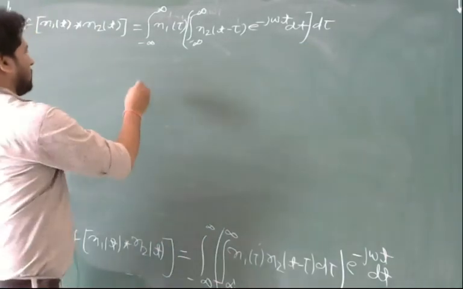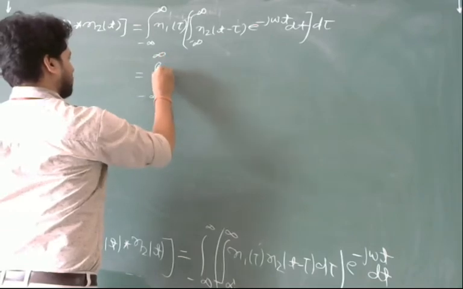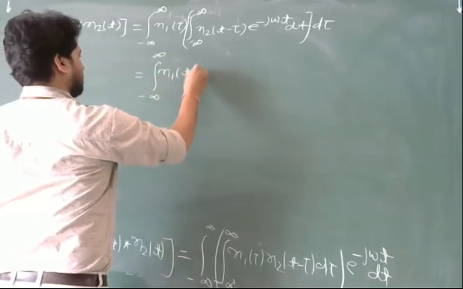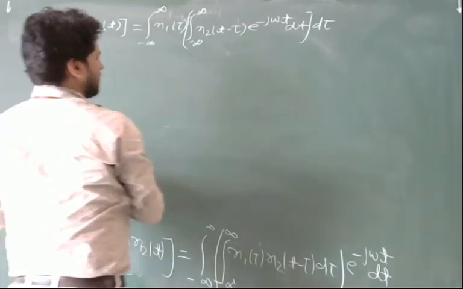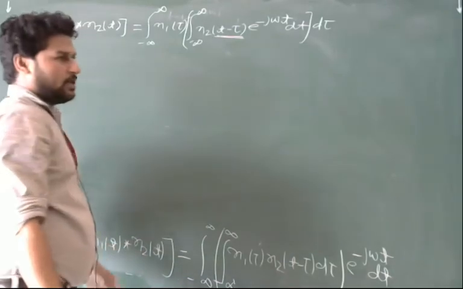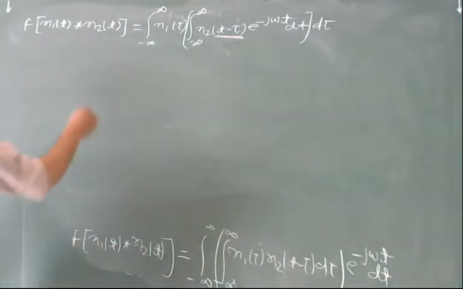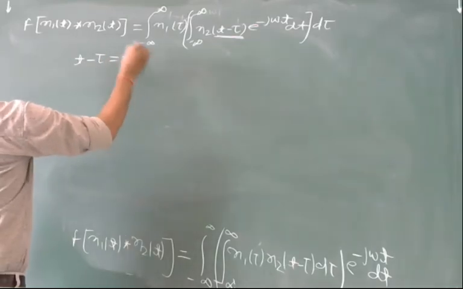Now this can be written as the integral from minus infinity to plus infinity of x1(tau). First, consider this term t minus tau equal to another variable, z, which means t minus tau is equal to z.